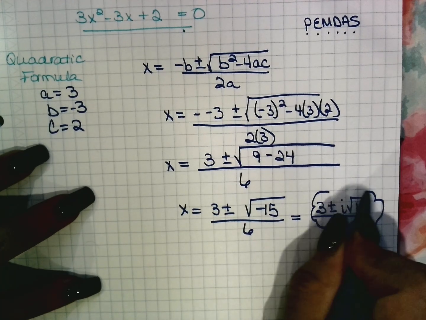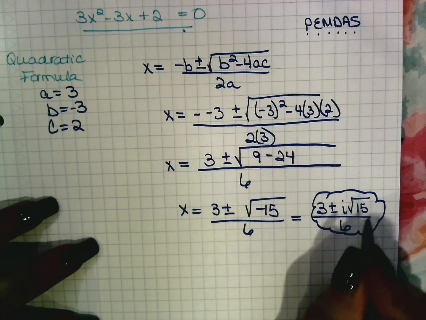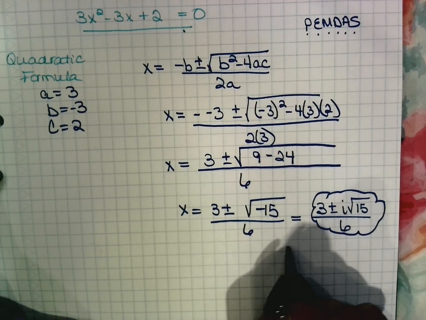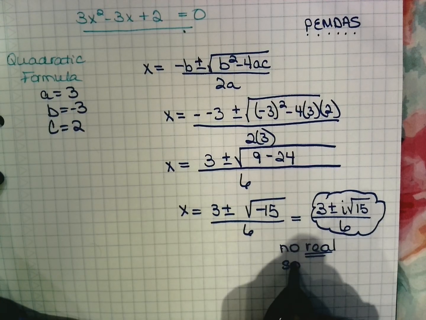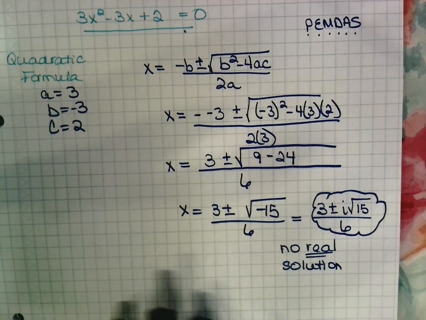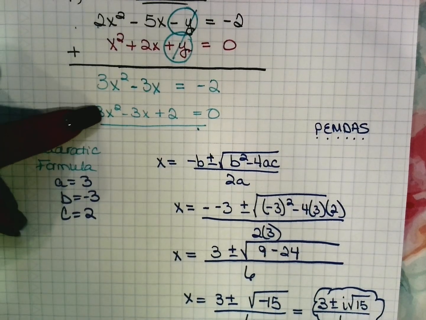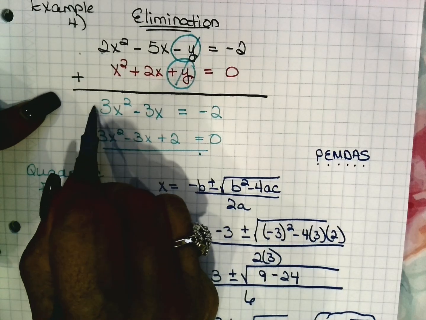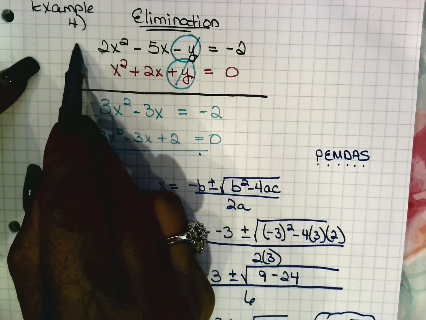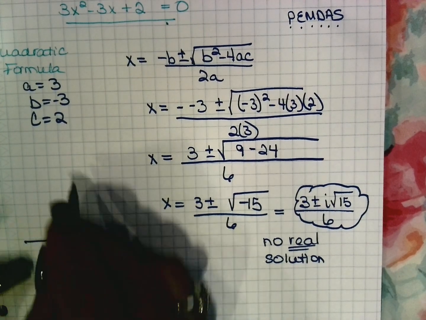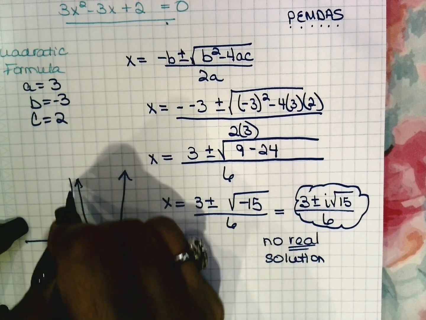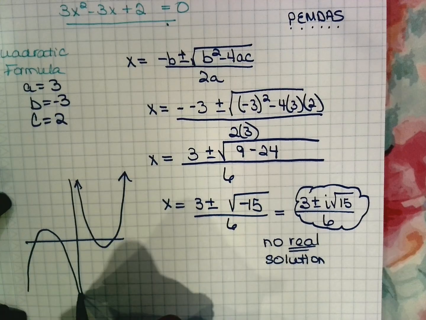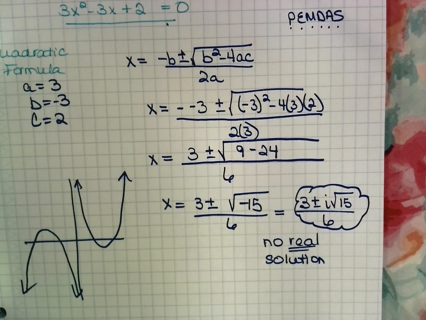So this means imaginary numbers are our solutions, so there are no real solutions, which means that these two guys up here are going to graph something like this, maybe one over here and maybe another one over there, and they shall never meet.